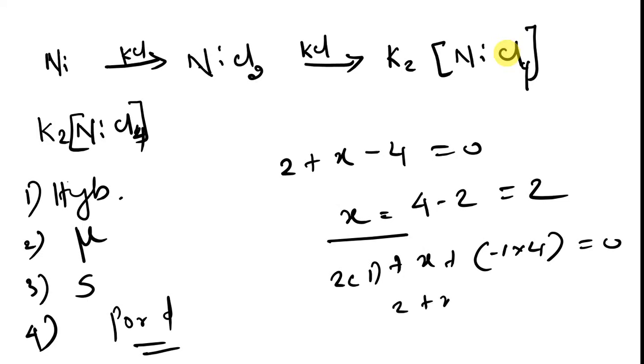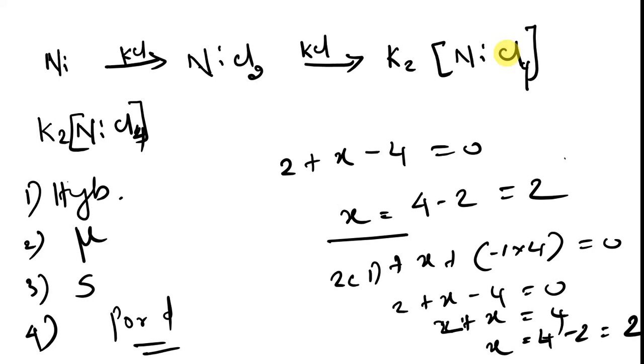So 2 plus x minus 4 is equal to 0. x is equal to 4 minus 2, that is equal to 2. So here the nickel is in +2 configuration.